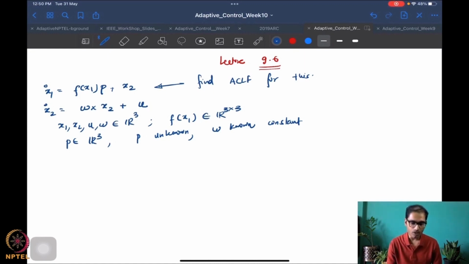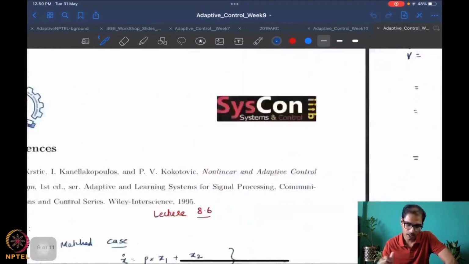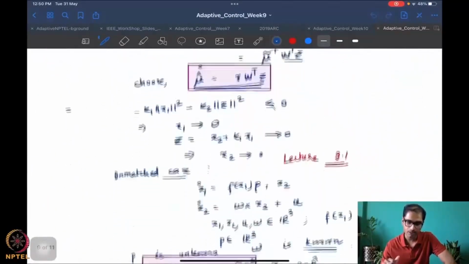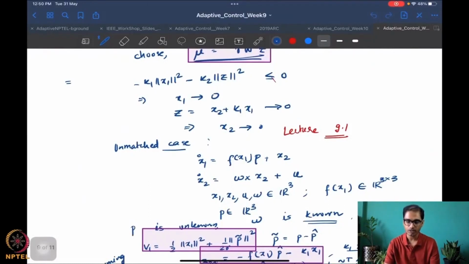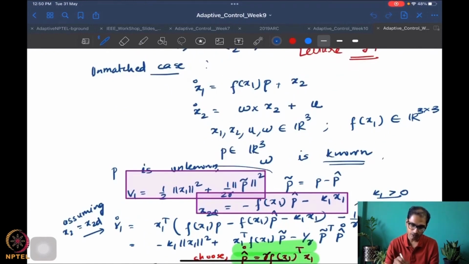Now, what I would do is take motivation from how we solved the unmatched case using the integrator backstepping method, right? Because in the integrator backstepping method, we of course had a Lyapunov candidate function, and that's what we'll try to use. And that function was this V1 function.